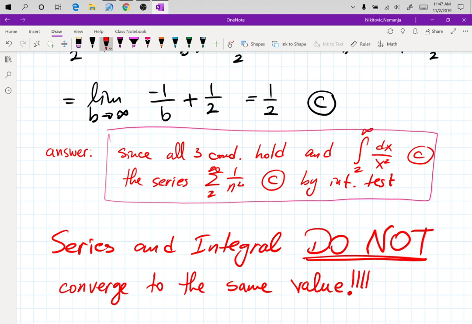Seven exclamation points. There we go. Series and the integral. So do not write converges to 1/2, because it doesn't.